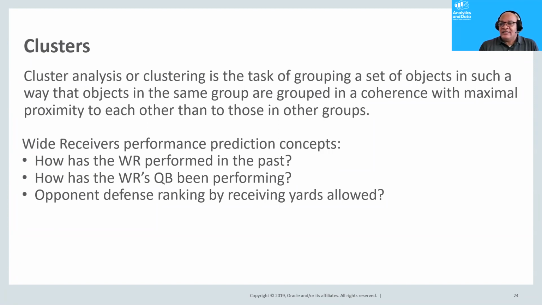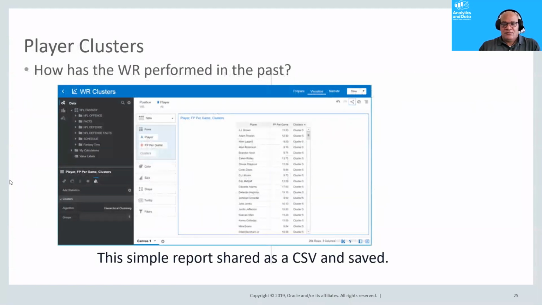And then the third one was, how good is the opposing defense that the wide receiver is going to play, in terms of yards allowed against a given defense. So these are three aspects we wanted to compare and analyze using the cluster capabilities. So going back to the presentation.